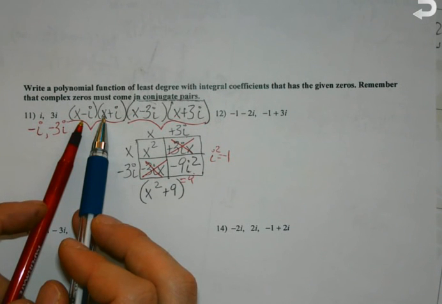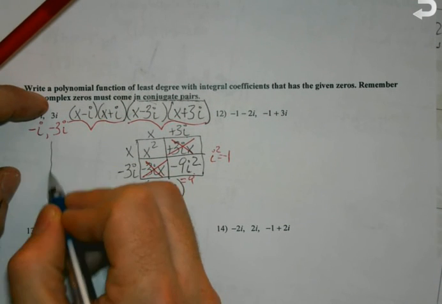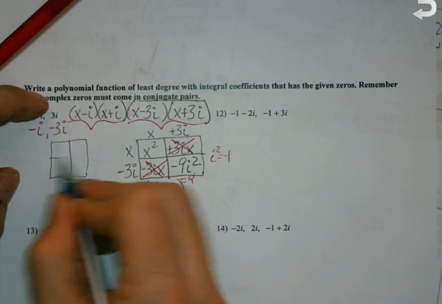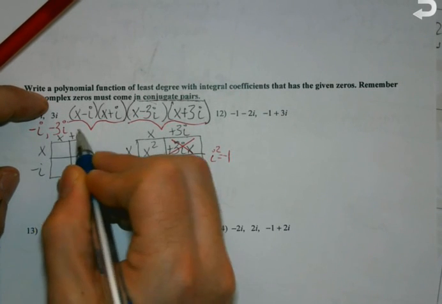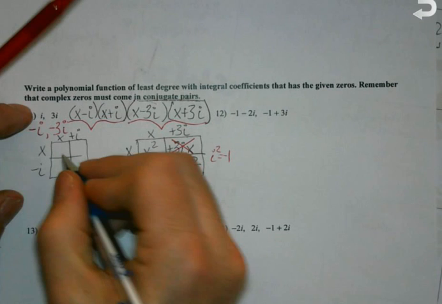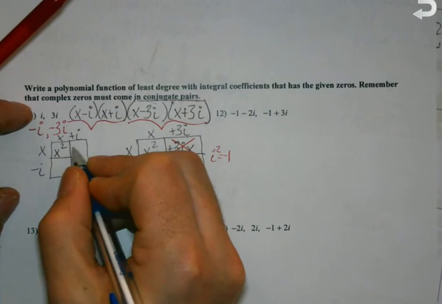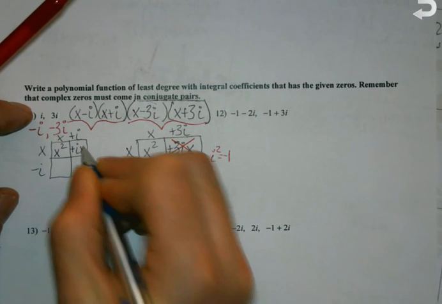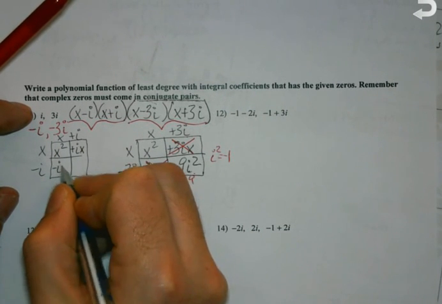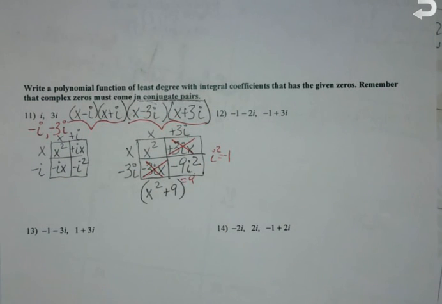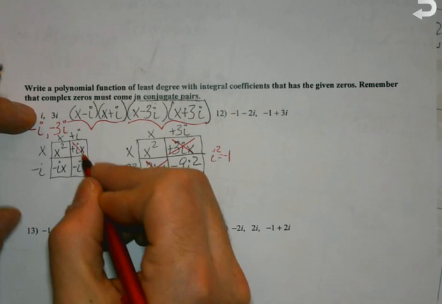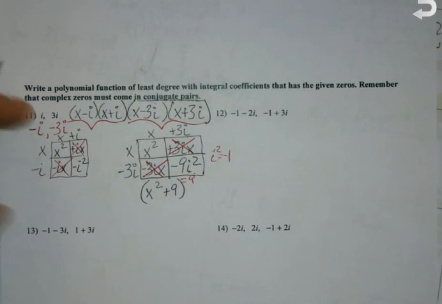I do the same thing over here. So you're like, okay, if I go to do it on this side, and work through, same deal. The plain old x terms are going to cancel out.